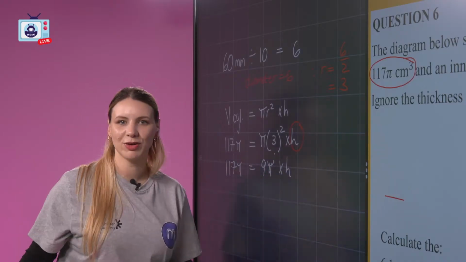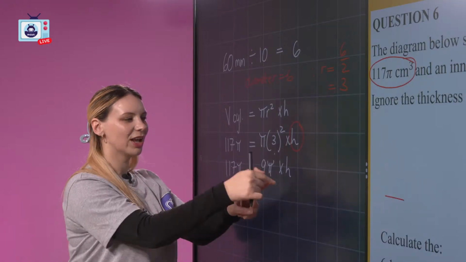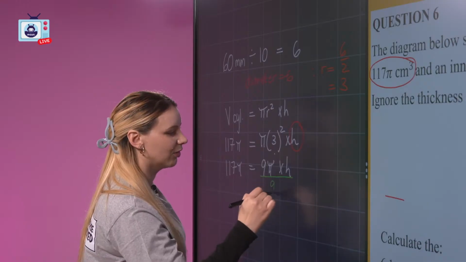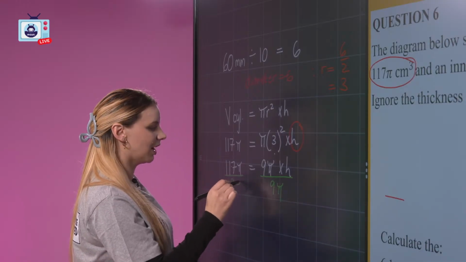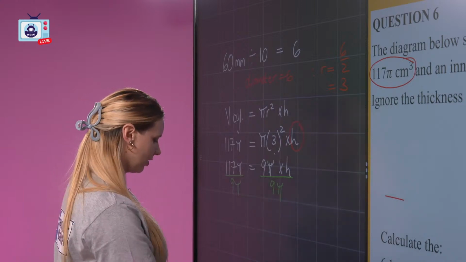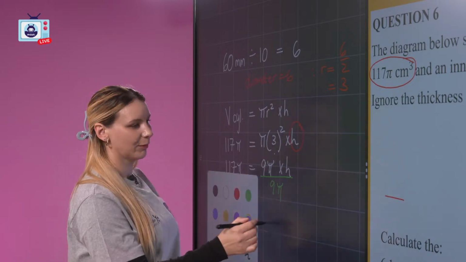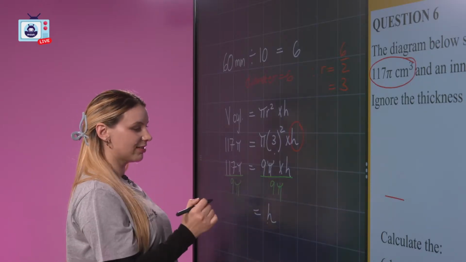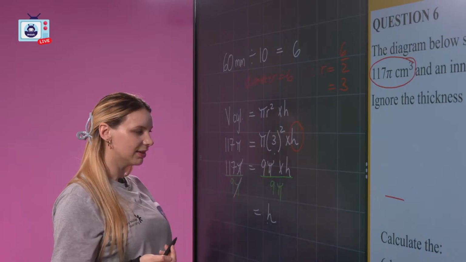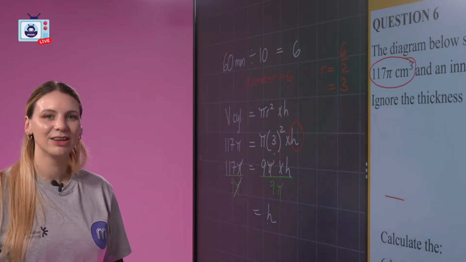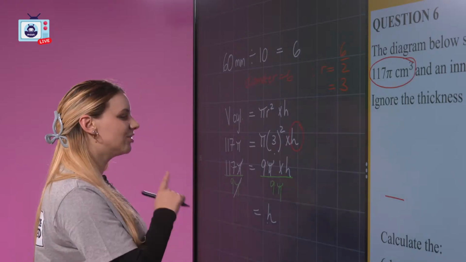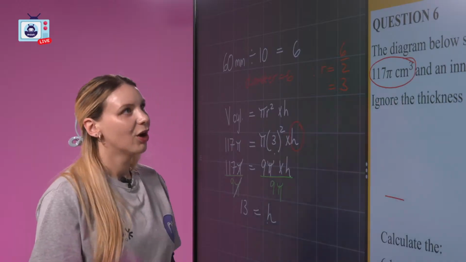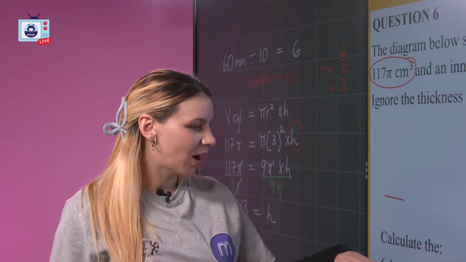So now I'm going to divide by 9 pi on both sides to get h on its own. We can see clearly that the pi's will cancel, and then we've got 117 divided by 9. 117 divided by 9 is in fact 13. Okay, so we've got our height of our cup.